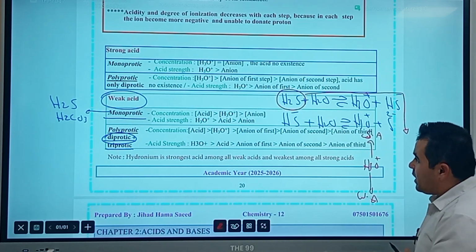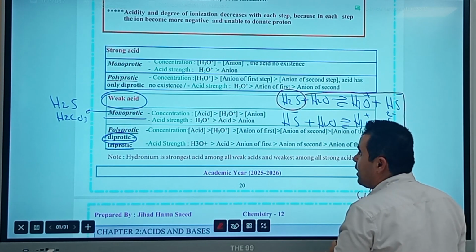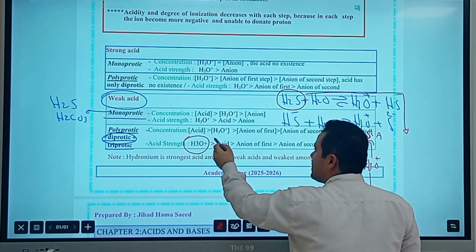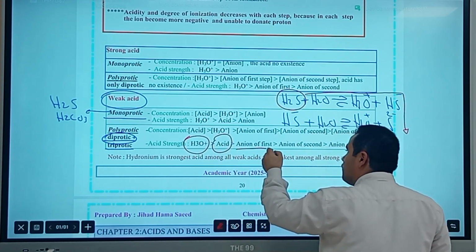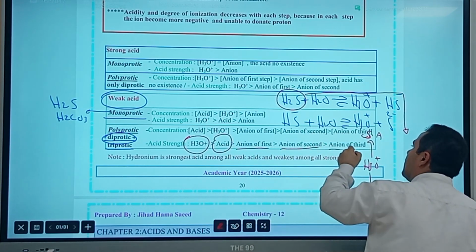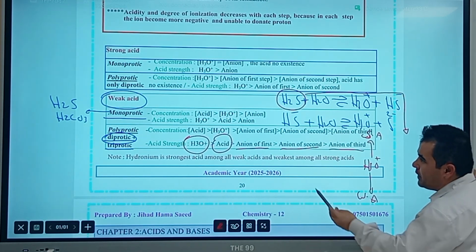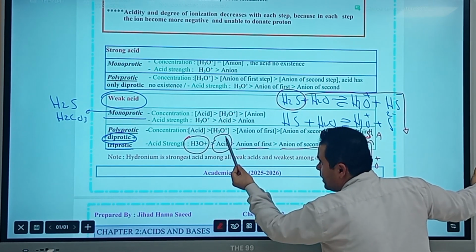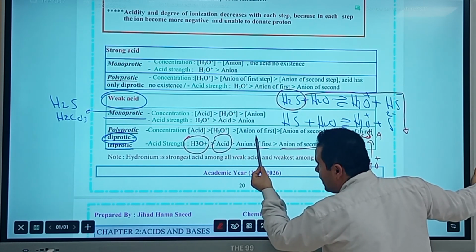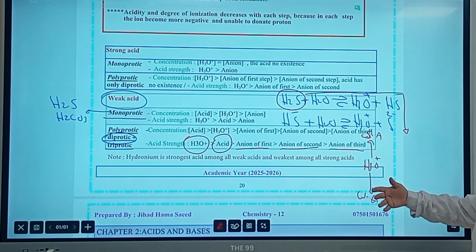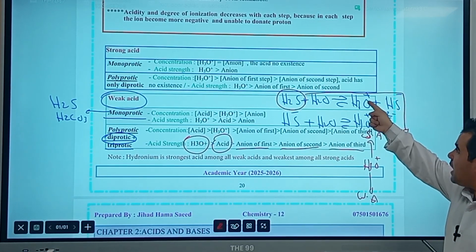That's why the acidity of hydronium is higher than the acid, the anion of first and the anion of second, and the anion of third if it is triprotic. So we have the sequence of acidity: hydronium, then the weak acid, then the anion of first, then the anion of second.